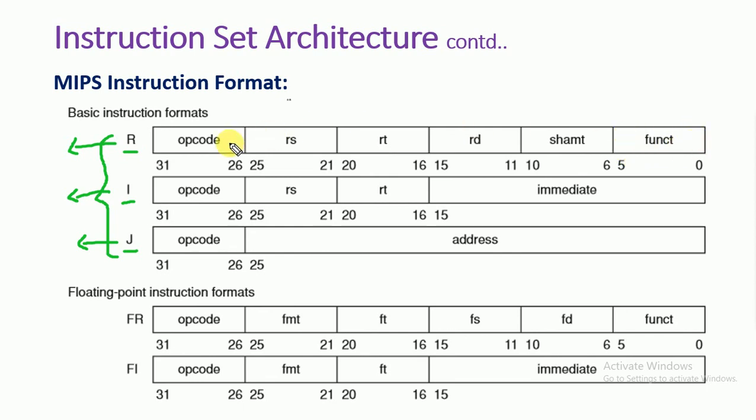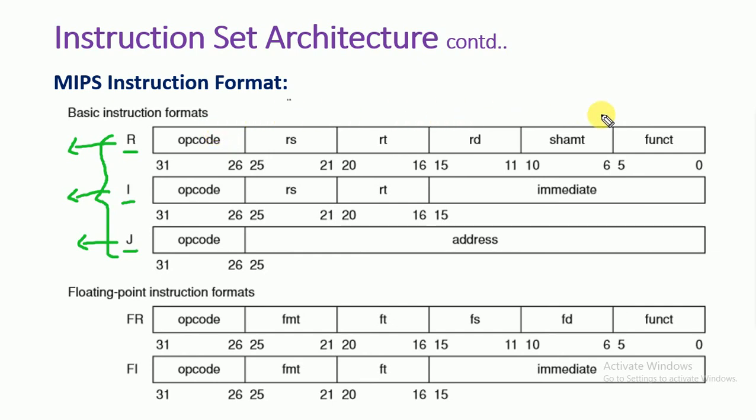According to the opcode, what function is to be performed, those internal function details are added in these bits. So for an R instruction, 0 to 5 is the function, 6 to 10 the shift amount, 11 to 15 the destination register, 16 to 20 the second register, 21 to 25 the first register, 26 to 31 the opcode. This is the format of an R instruction.